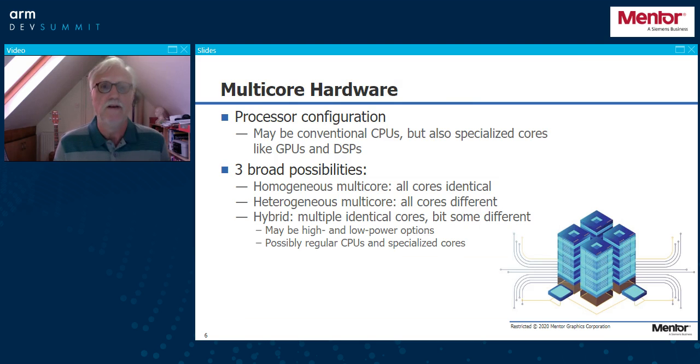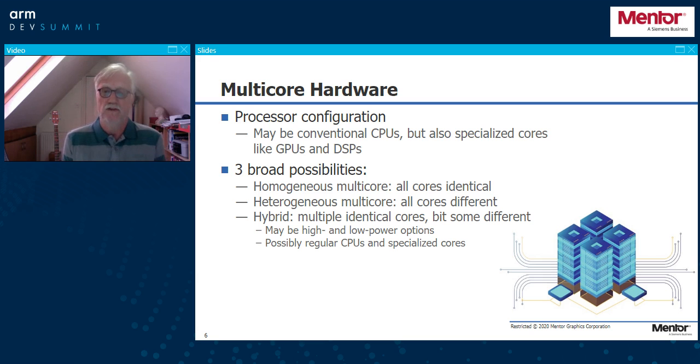Let's first of all ponder multi-core hardware. The processor configuration could be almost any combination of CPUs or specialist processors like GPUs and DSPs. They could be all the same, they could be all different. We'll consider the possibilities.